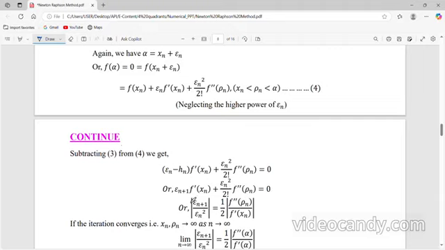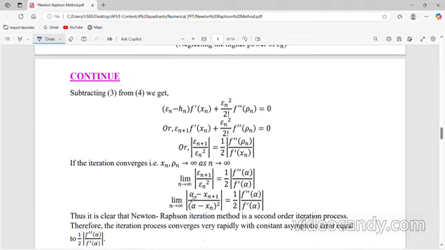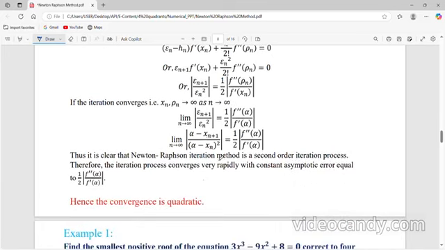Now taking modulus on both sides, modulus of epsilon n plus 1 by epsilon n square equals half of modulus of f double dash phi n divided by f dash xn. If the iteration converges, xn and phi n tend to alpha as n tends to infinity. So limit n tends to infinity, modulus of epsilon n plus 1 divided by epsilon n square equals half of f double dash alpha divided by f dash alpha.